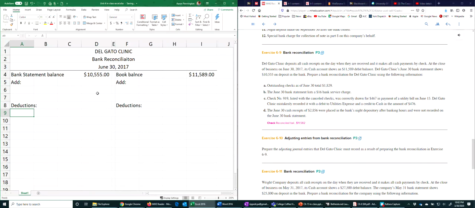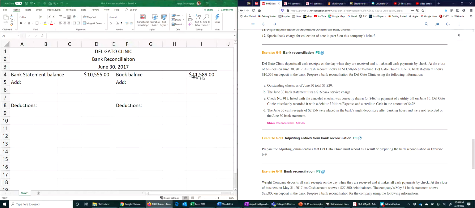So now that we've got this set up, let's look at the transaction data. Outstanding checks as of June 30th total $1,829. What is an outstanding check? It's a check that's written, and as checks are written, you deduct them from the book balance.